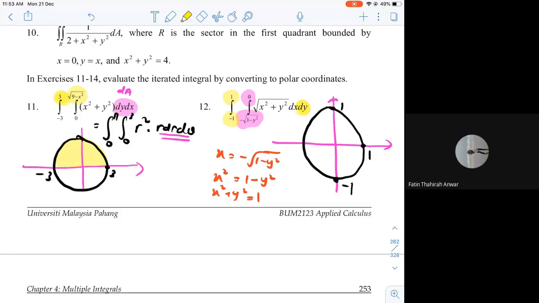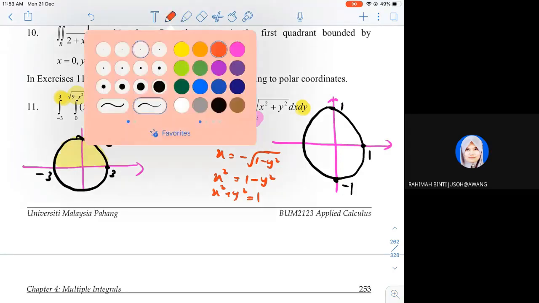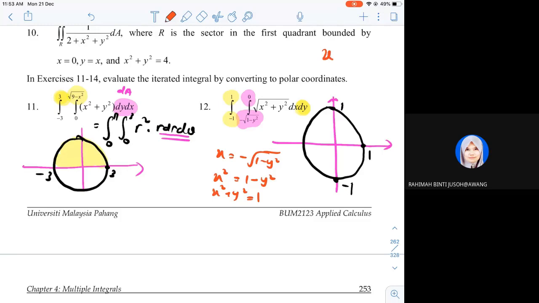Left side, yes, not the top. Guys, this is dx, right? x goes from left to right, remember what we learned earlier? So x from negative square root of 1 minus y squared until 0. So this line is negative square root of 1 minus y squared until 0. So we just have the left side. This is our region for question number 12.